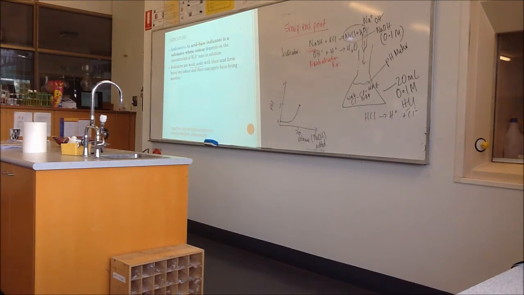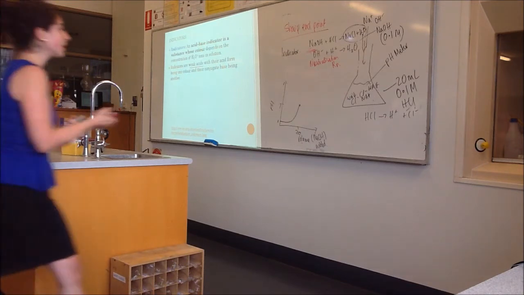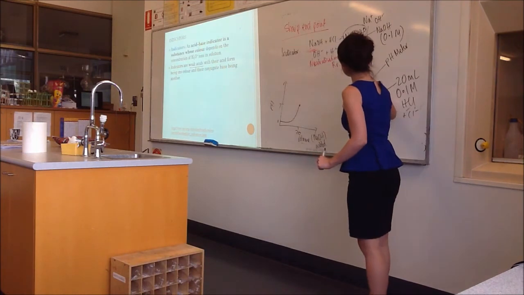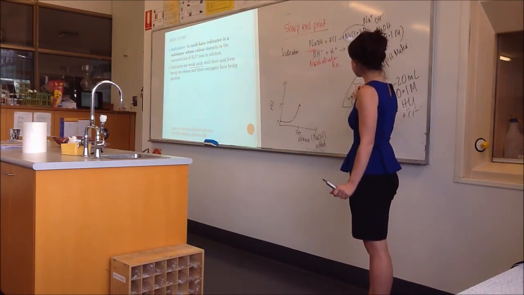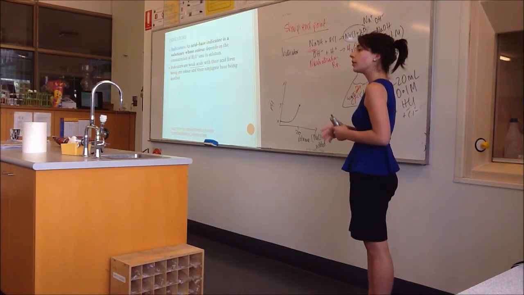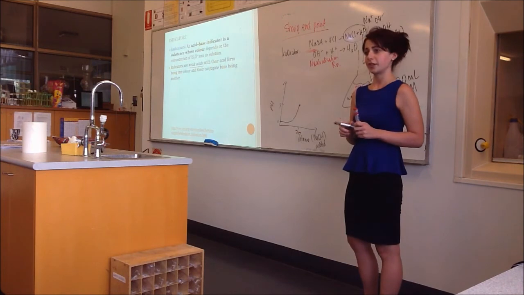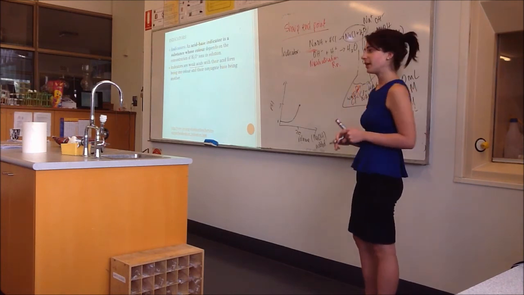The indicator. Guys, we have the indicator, which is a weak acid. So at this point, what's the incoming OH- going to do? It takes these away. Remember, they don't have a choice, because they're only weak acids, because they don't really dissociate in water. Are we happy with that?